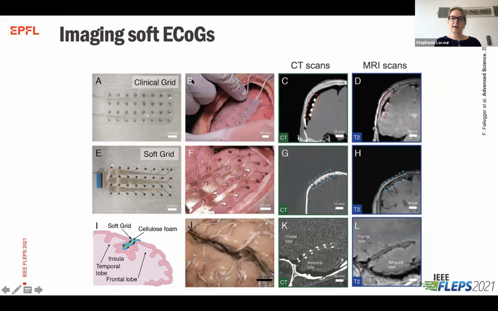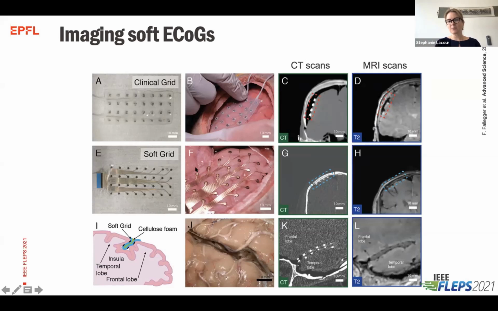We compare the clinical grid, which is made of platinum wires and platinum discs, so fairly thick material. We've done standard CT scans and MRI scans. And here you see clearly the electrode contacts showing up from the clinical grid.